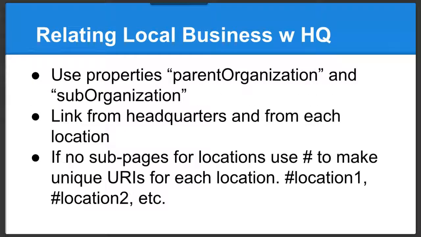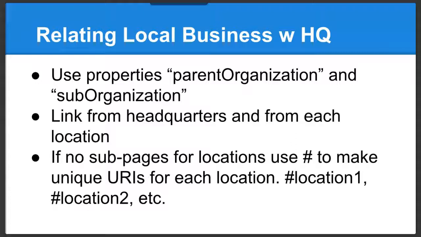So speaking of relating them, we're going to show an example of Balzac, which is a great coffee chain here in Canada, where they have an actual headquarters where they run the business and roast the coffee, and then they have their sub-organizations or local coffee stores. In this case, what I wanted to talk about is how you relate the main location to the other locations.